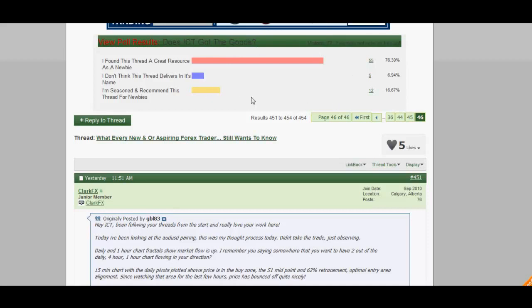I did ask to have it removed, by the way, because I wanted to change this question: does ICT got the goods? That was only a slang term for my friends in New York. That's how they talk. But if you are getting information from the thread and it's very useful to you, I appreciate your feedback.